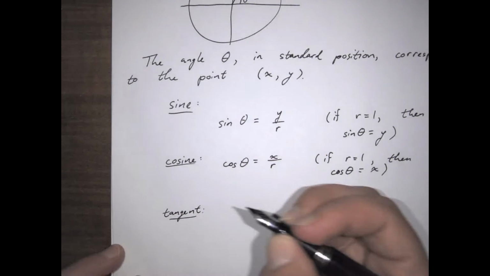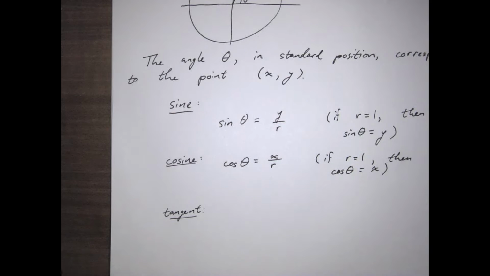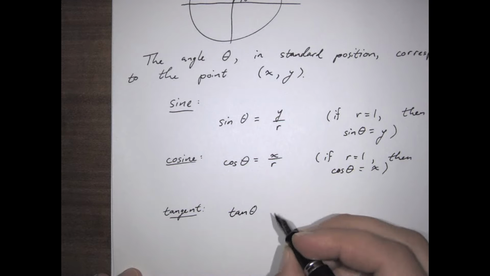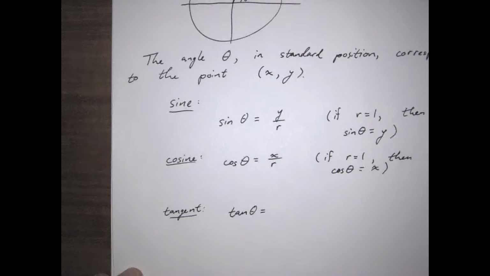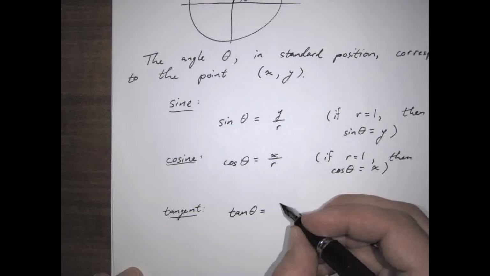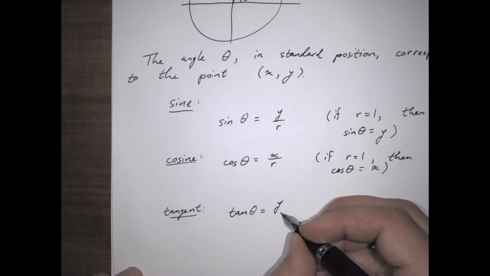So the tangent. The way we write it is tan theta, and that's equal to, there are different ways that we can write it depending on what's convenient, and we will freely change them around as needed, but basically it is the ratio y over x.